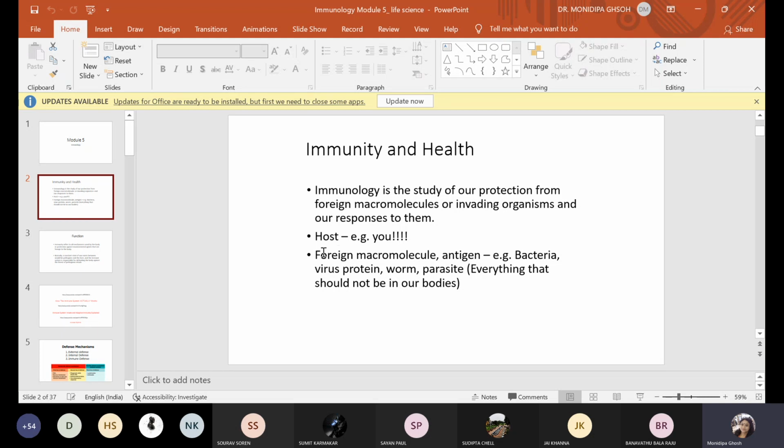Now, host, who is the host? Here, we are the host. The animal models, the human being, or any cell which is being infected or encountered with the non-self product is the host, and the foreign macromolecule may be antigen.